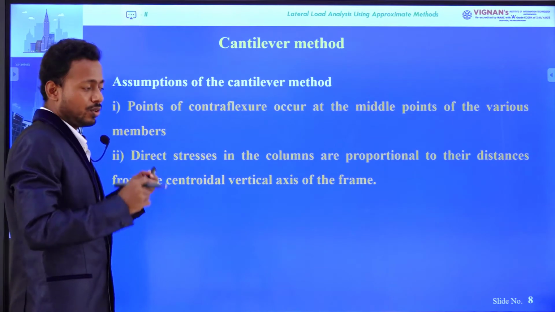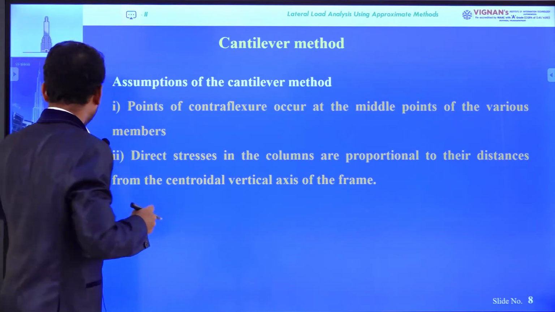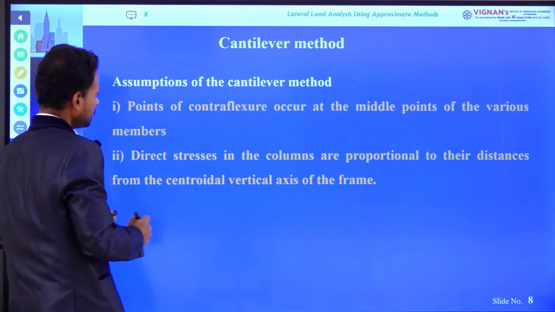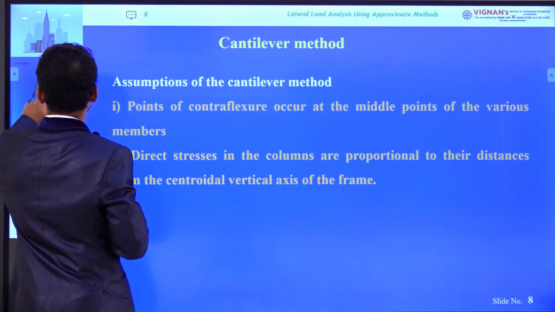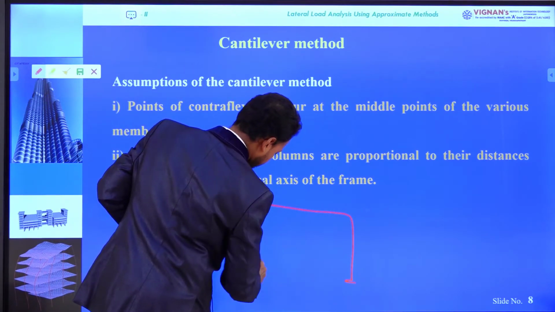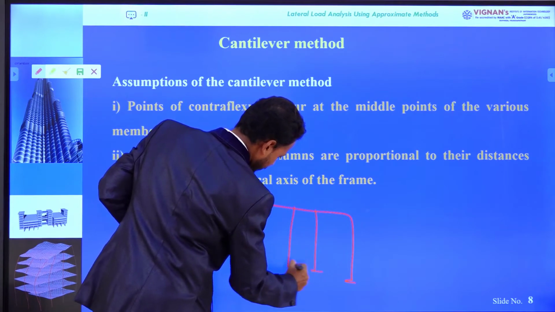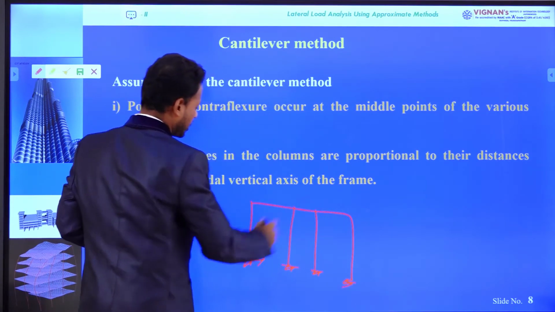Suppose this is the frame and it has two intermediate columns and two exterior columns.